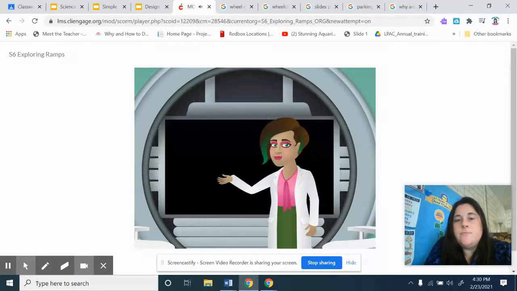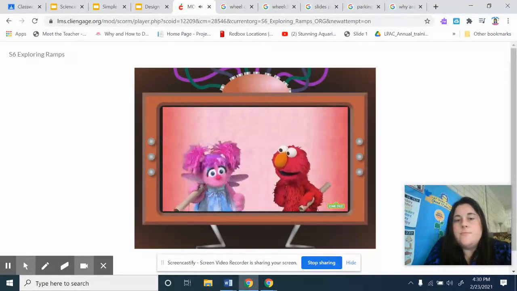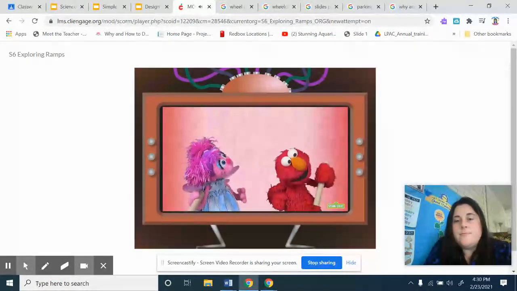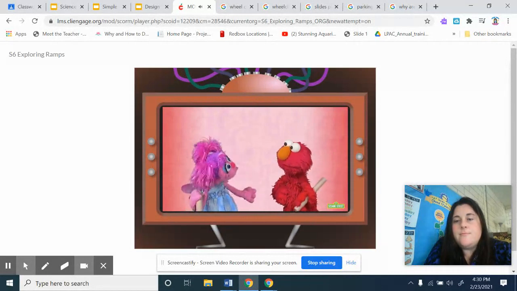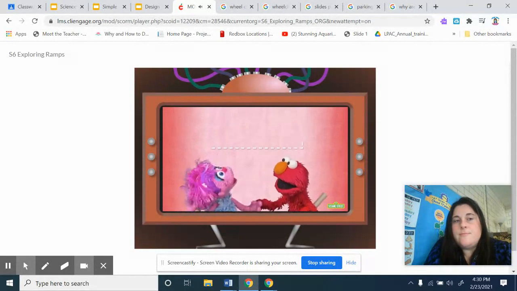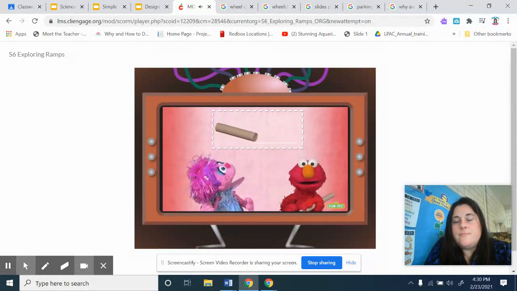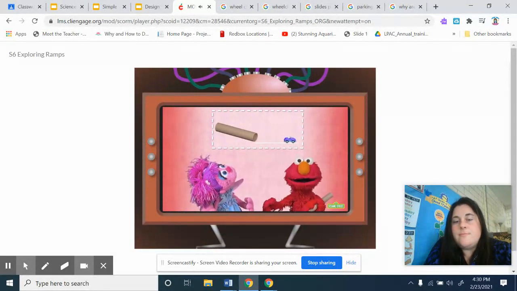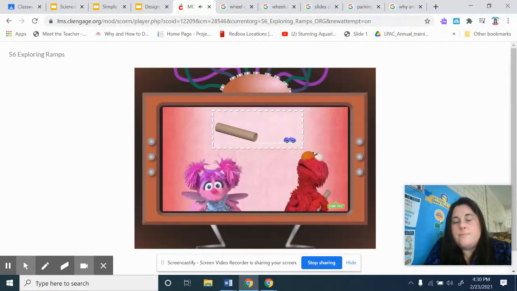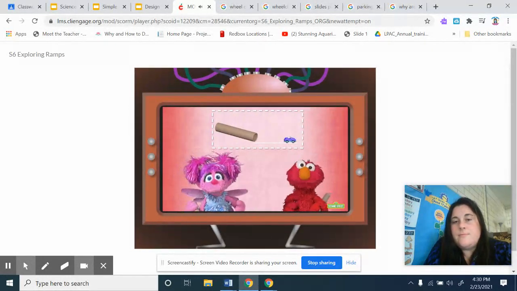Hey, Elmo, you know how we could play with this paper towel tube? Oh, how? Well, I have a little toy car at home I bet would fit right in there. Oh, yeah. We can lift one end up and the car will zip through. In other words, you can use the tube like a ramp. What's a ramp?